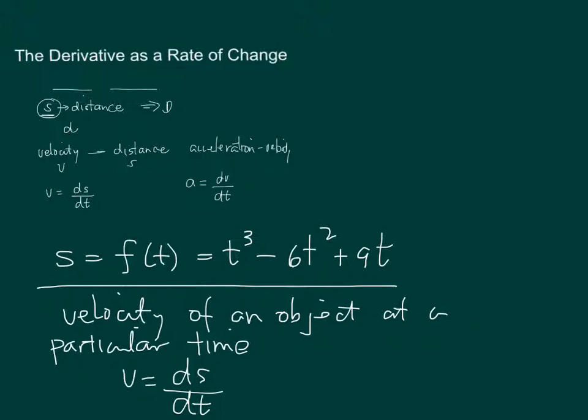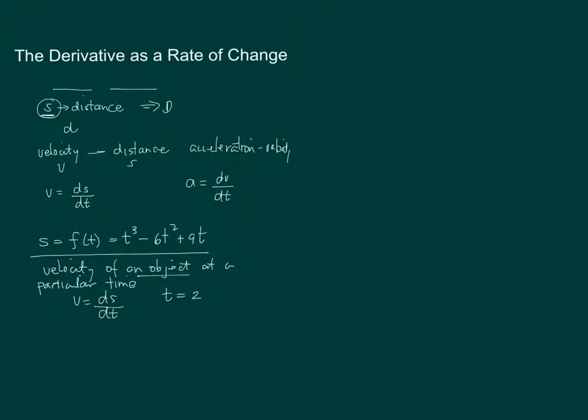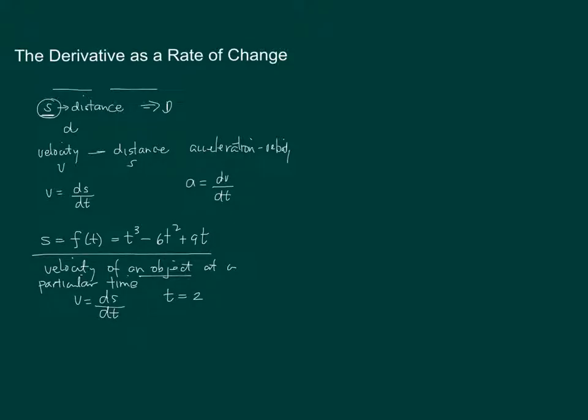Let's say, for example, if I want to find the velocity of this object at t equals 2 seconds, meaning after 2 seconds of traveling, then to find the velocity, we simply get the derivative of S with respect to time.